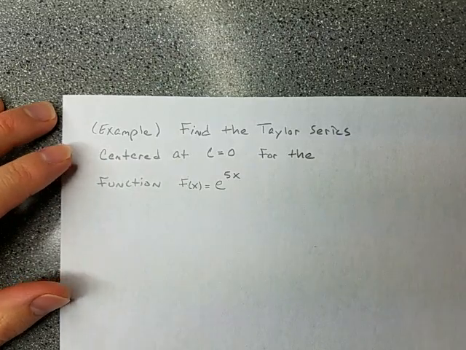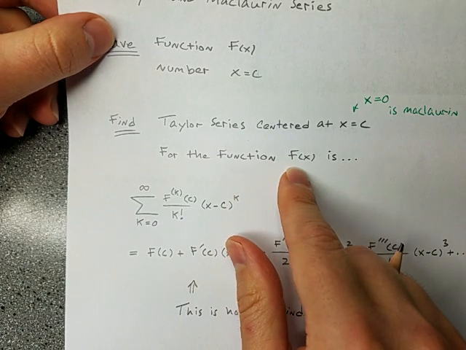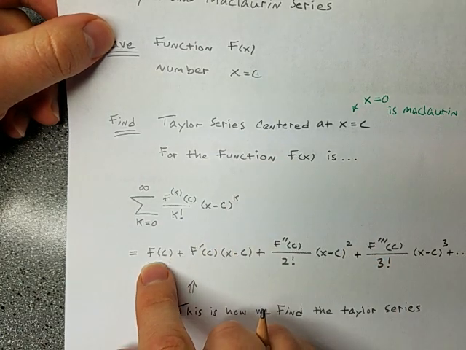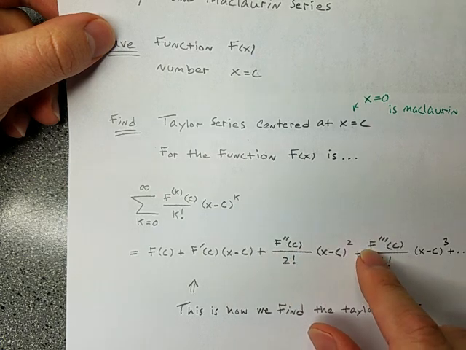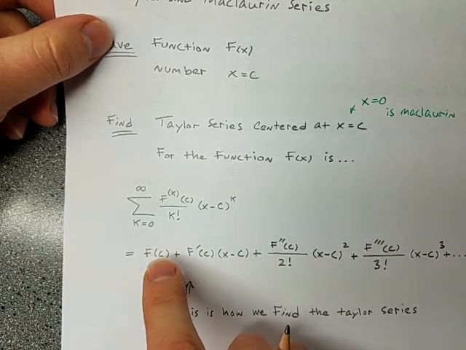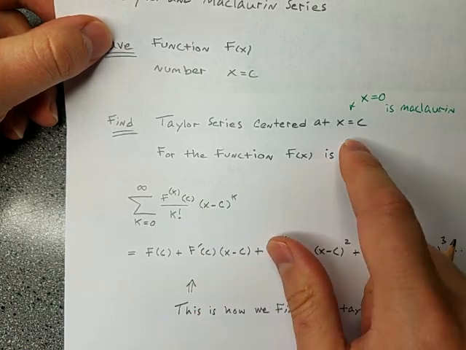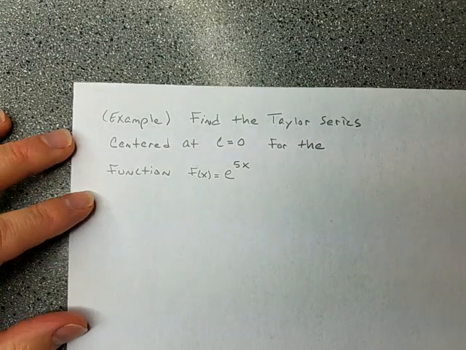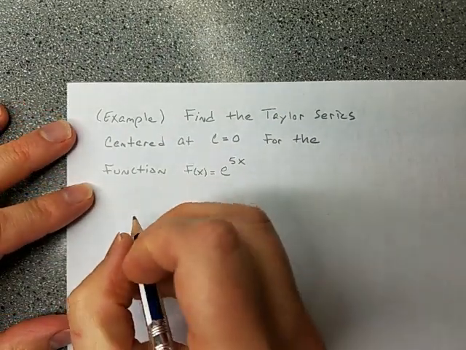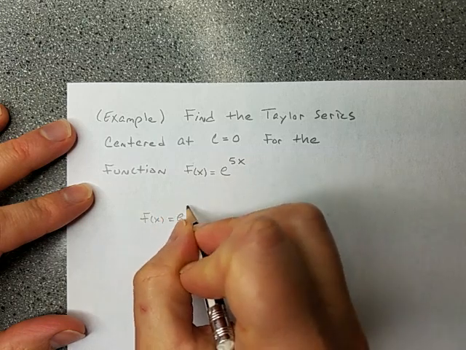So here's our formula, okay? And I noticed that for the function I'm given, I've got to use the function, its first derivative, its second derivative, and its third, and so on. And I've got to calculate the function, first derivative, second derivative, at this given number, okay? So the way I do this, you can do it however you want, of course, is I just make a list of all the stuff I need.